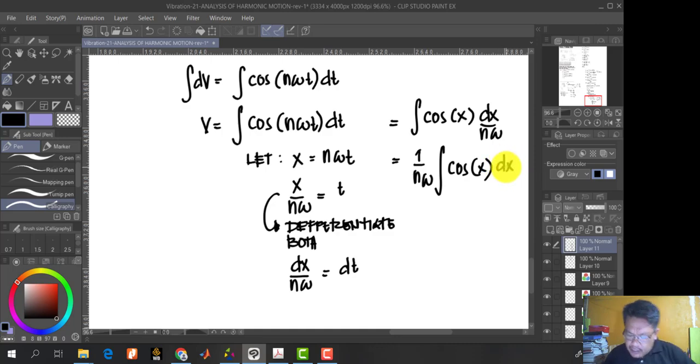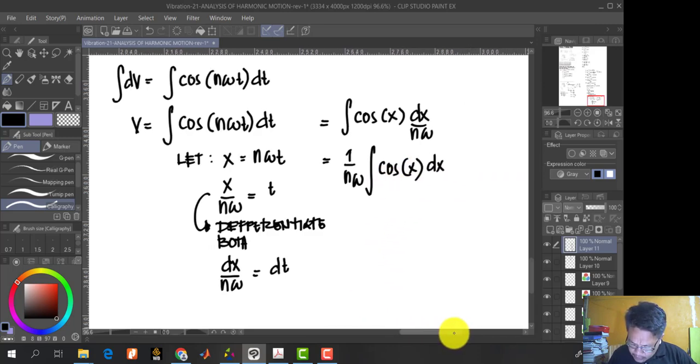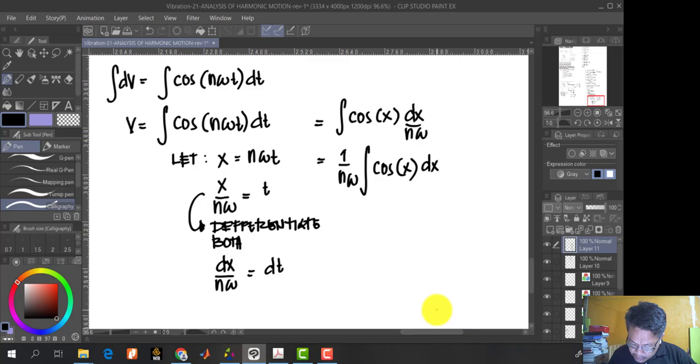So again, going back from your integral, this can be integrated already, no? Since it is satisfying the integral niyan. So I can rewrite here that will be 1 over angular velocity.